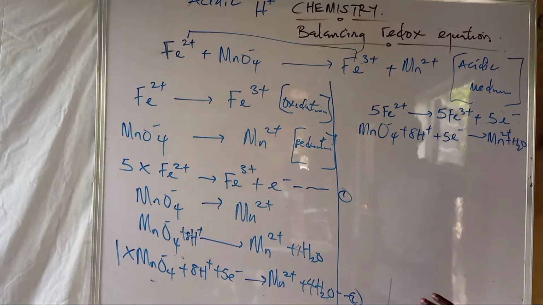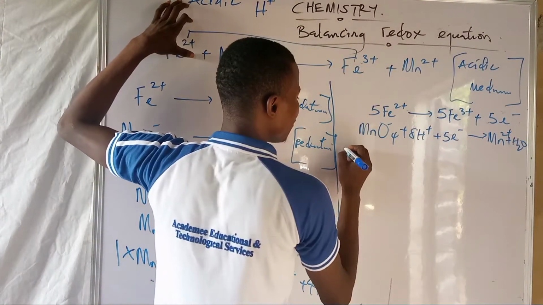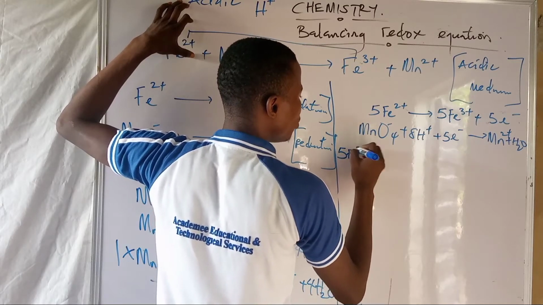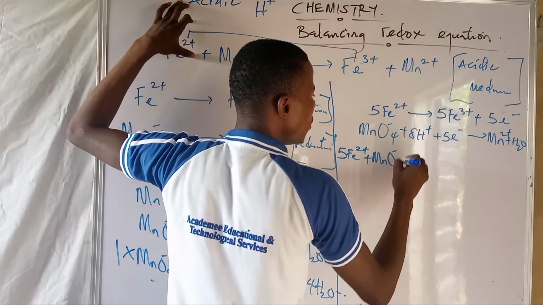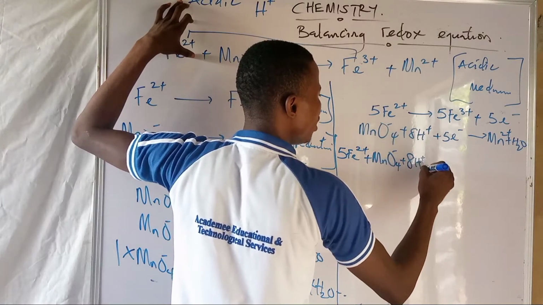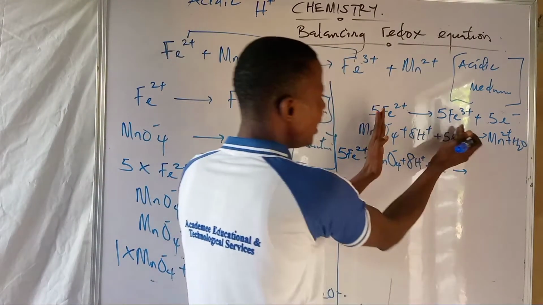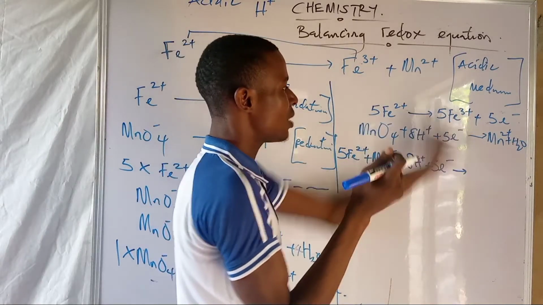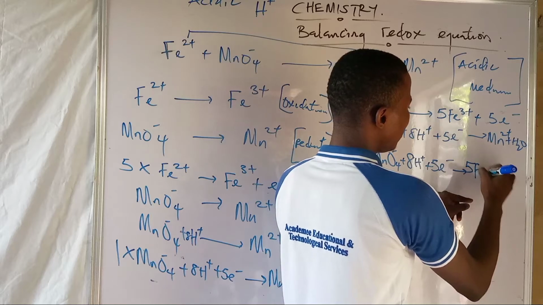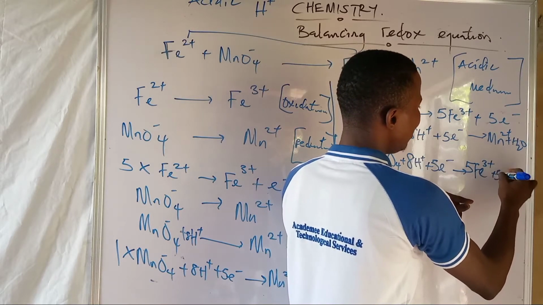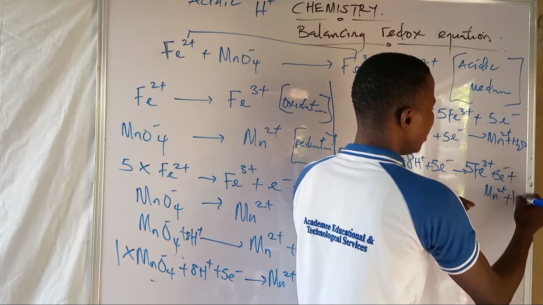Then if you combine the two equations together, it will give 5Fe²⁺ + MnO4⁻ + 8H⁺ + 5e⁻ going to 5Fe³⁺ + 5e⁻ + Mn²⁺ + 4H2O. I've written every constituent that is on the reactant side, plus the products.